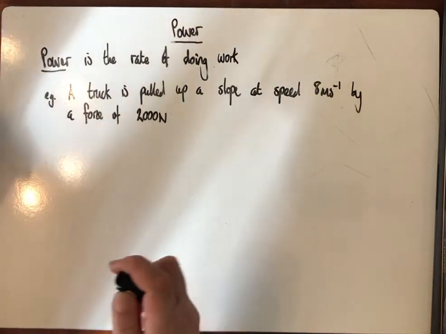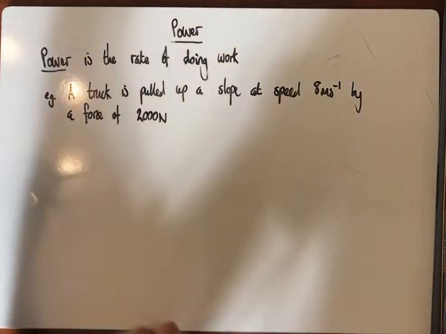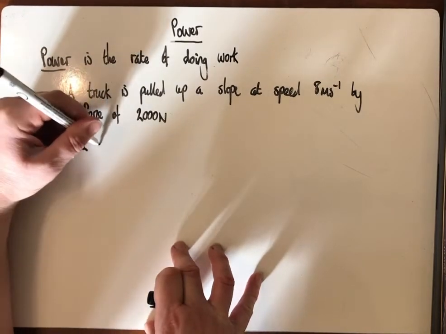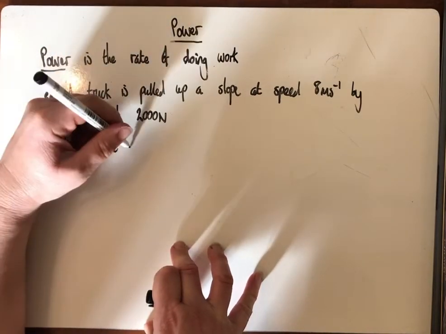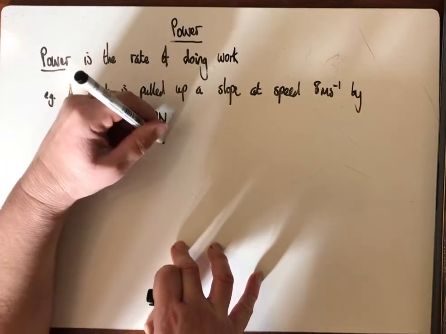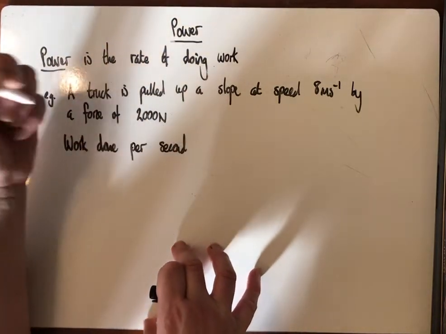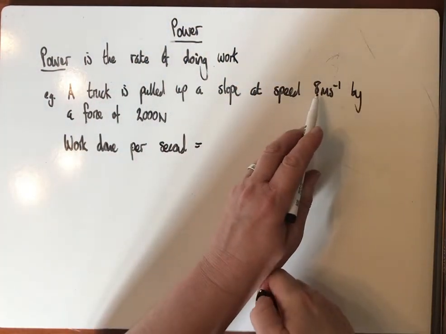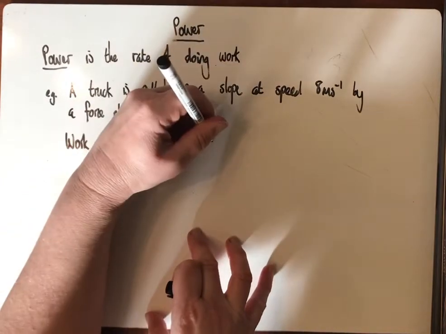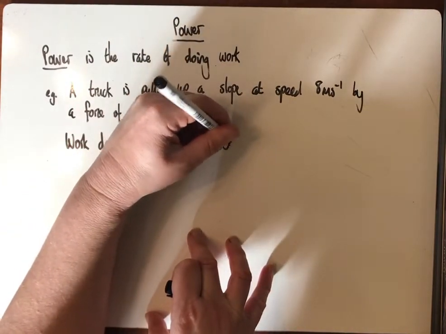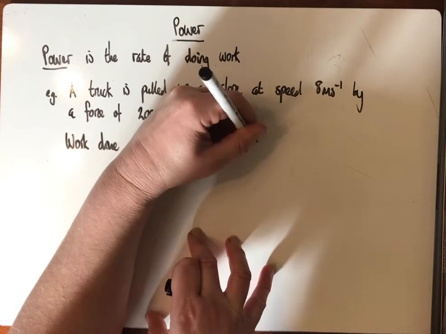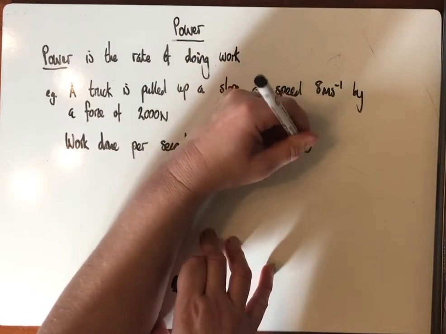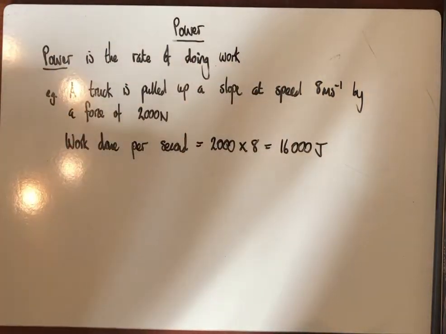So the work done per second by this force: in 1 second it will move 8 meters because it's travelling at 8 meters per second. So it's going to be force 2,000 times distance, which gives us 16,000 joules.